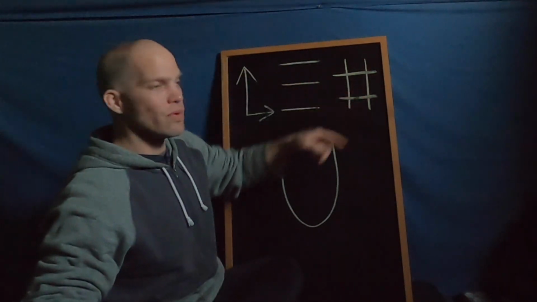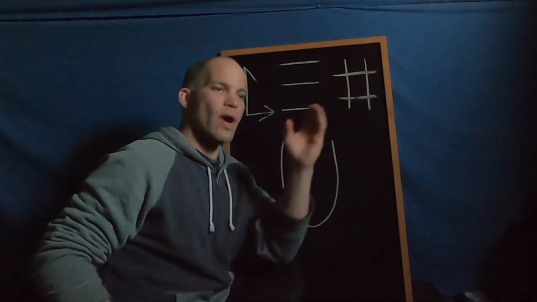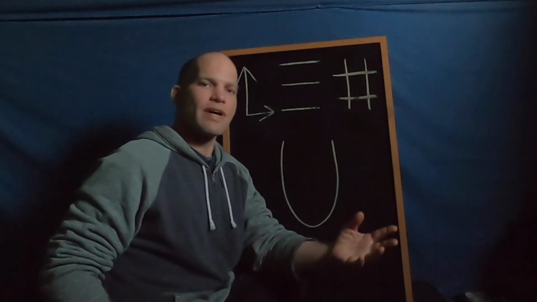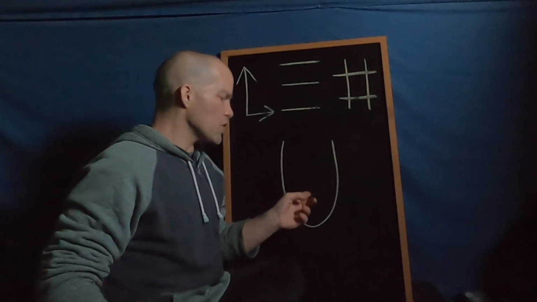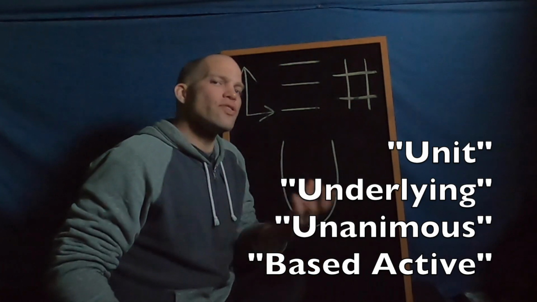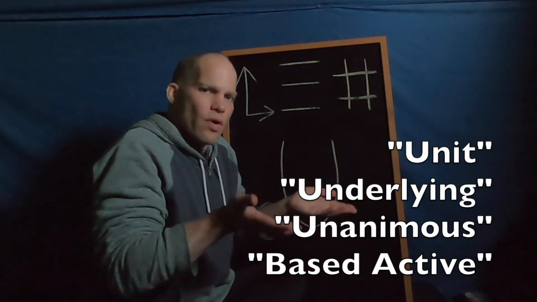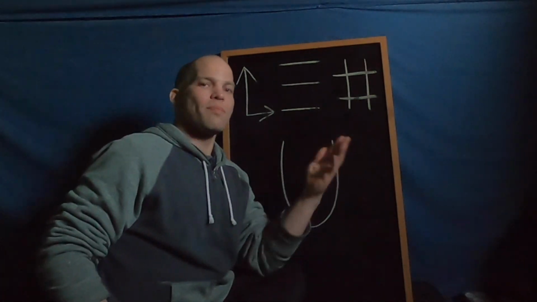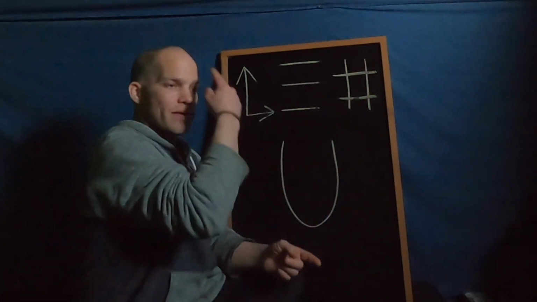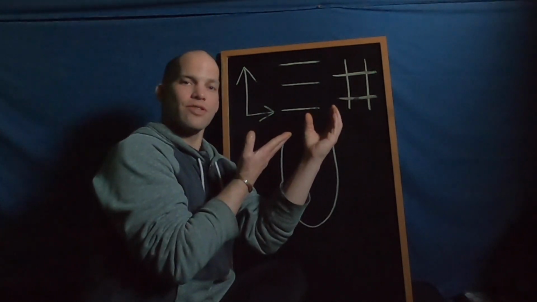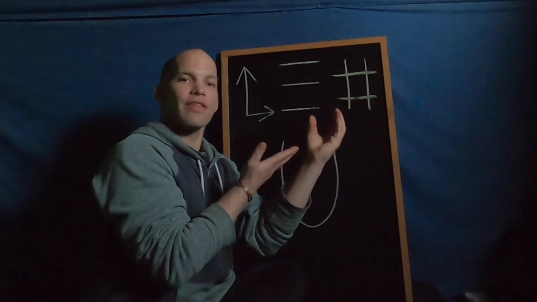But this center symbol is still where we're coming from, always from the center with that invisible kind of hashtag behind it. So I use unit if it's a thing, underlying if it's a theory or a thing, and then unanimous. It's also one past T. It's like moving out as a thing on its own. It's a unit. It's unanimous, or it's the underlying thing.